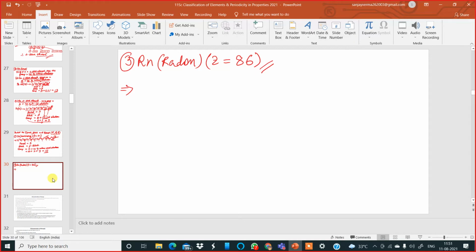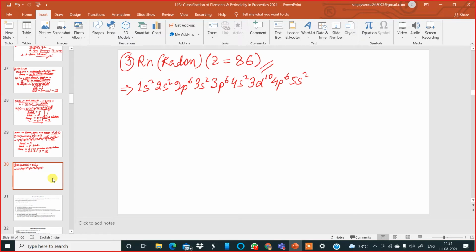Start writing. 1s2, 2s2, 2p6, 3s2, then 3p6, 4s2, then I'll get 3d10. After 3d10, again 4p6, then 5s2.